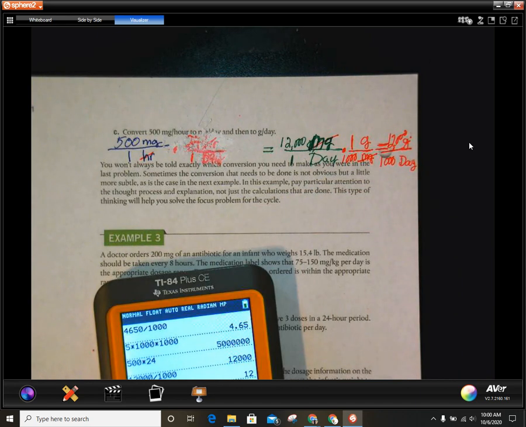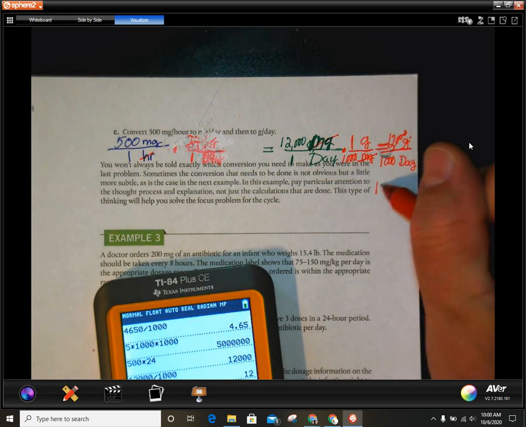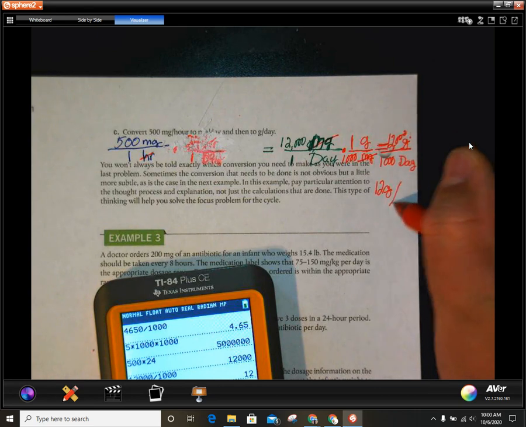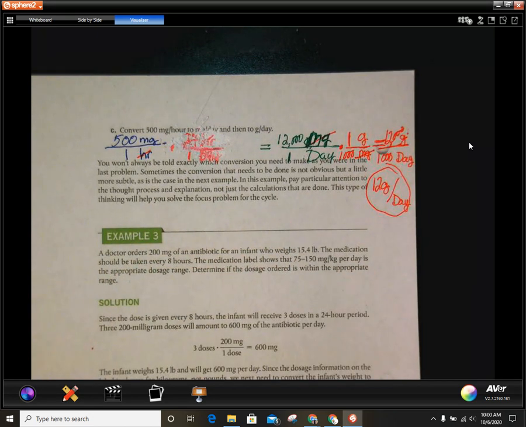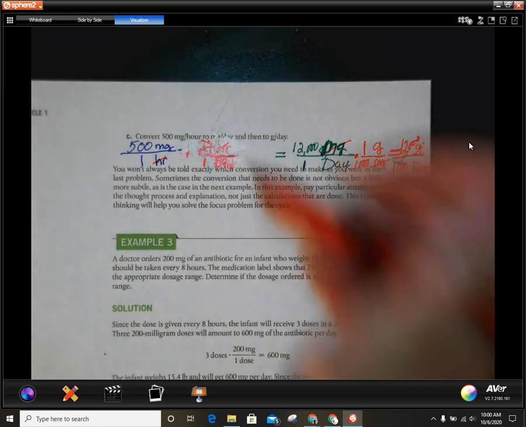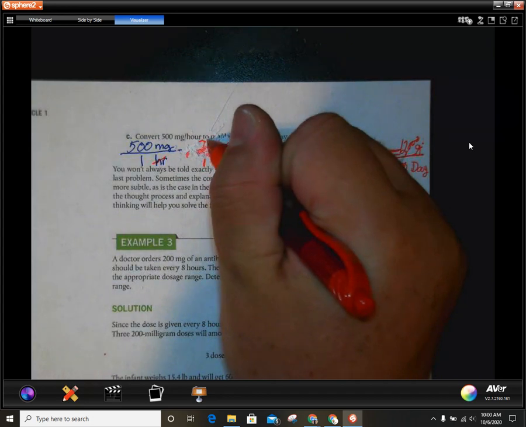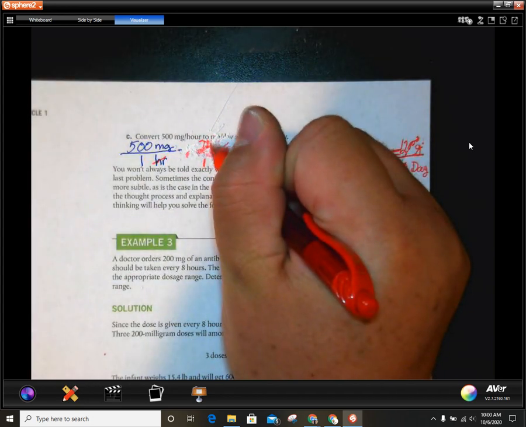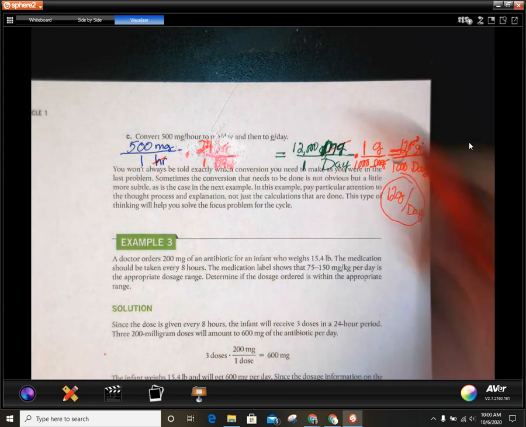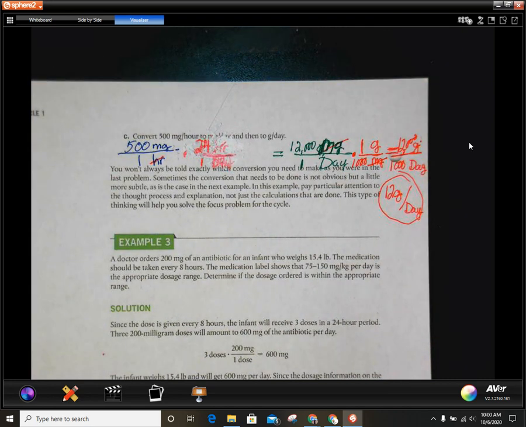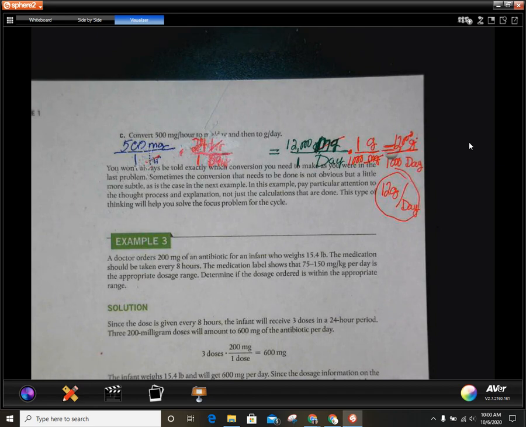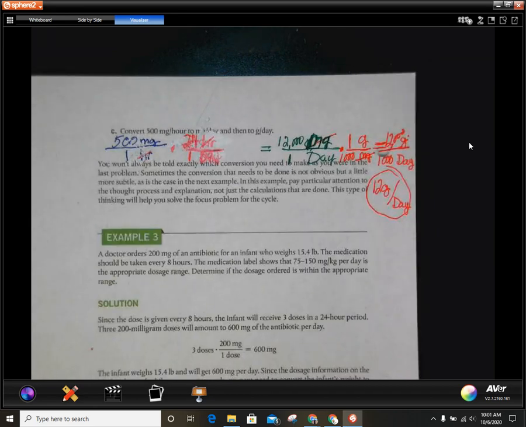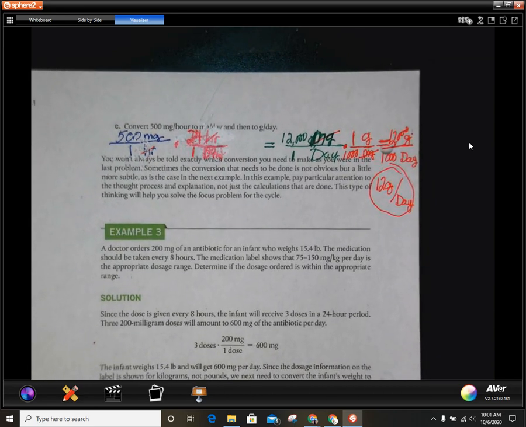And I get 0.12 grams per day. Sorry about the little mess here. And that might be it. Let me just check the next page, make sure there's nothing there.